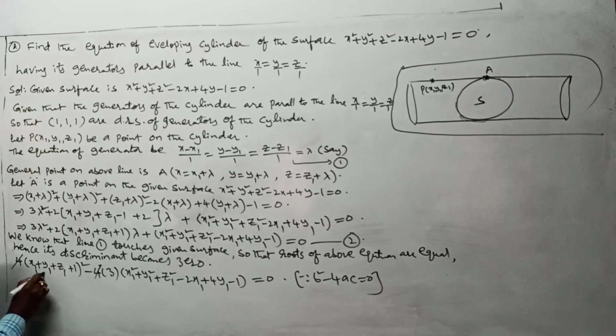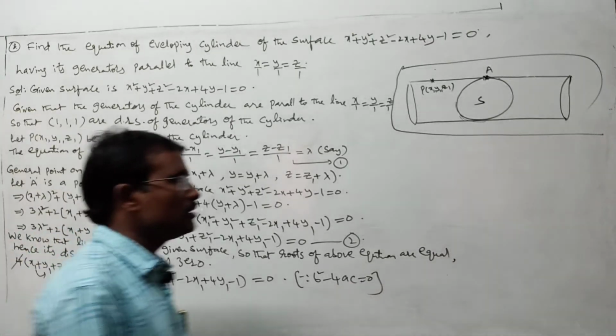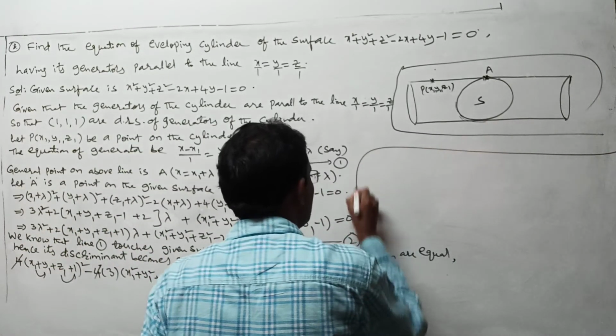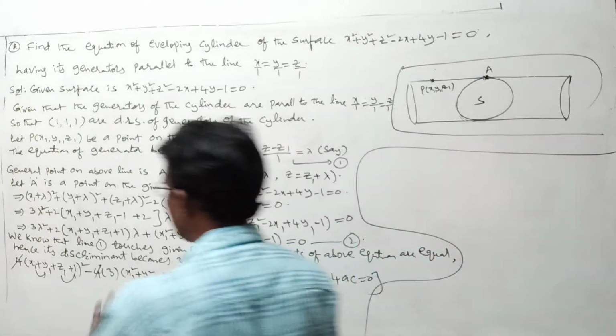Take these two as one combination, these two as one combination, a plus b whole square, and then combine the total relation. After that let us define the locus of it. You get your required cone. Here simply I am writing like this.